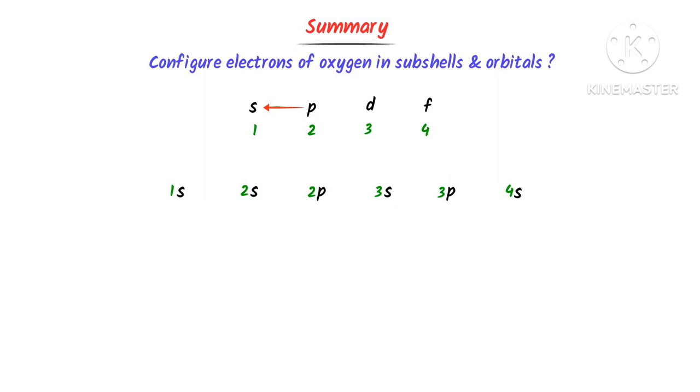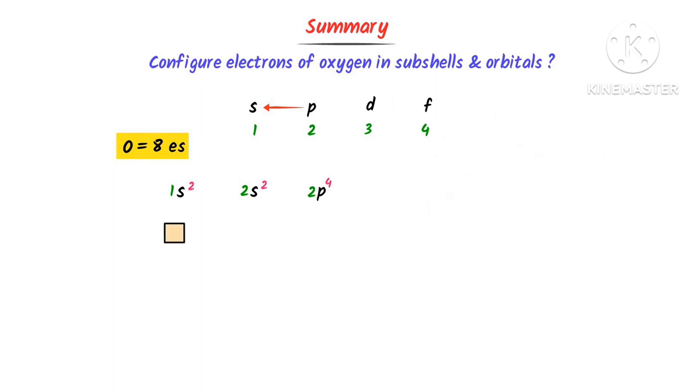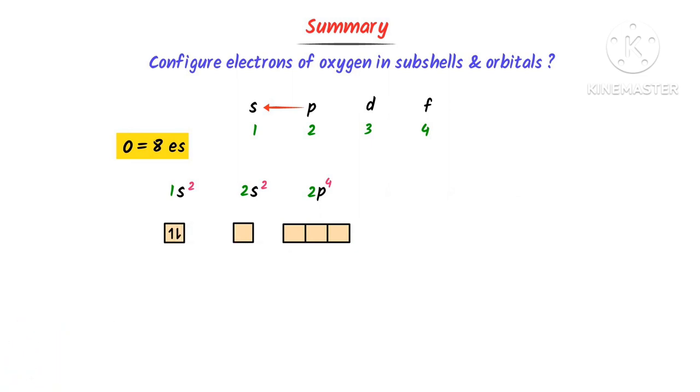We know that oxygen has 8 electrons. I place 2 electrons in 1s, 2 electrons in 2s, 4 electrons in 2p. Secondly, 1s has 1 orbital, 2s has also 1 orbital, and 2p has 3 orbitals. In 1s, first electron in upward direction, second electron in downward direction.